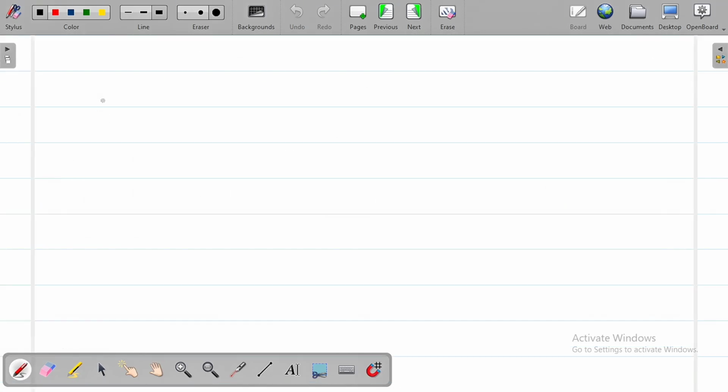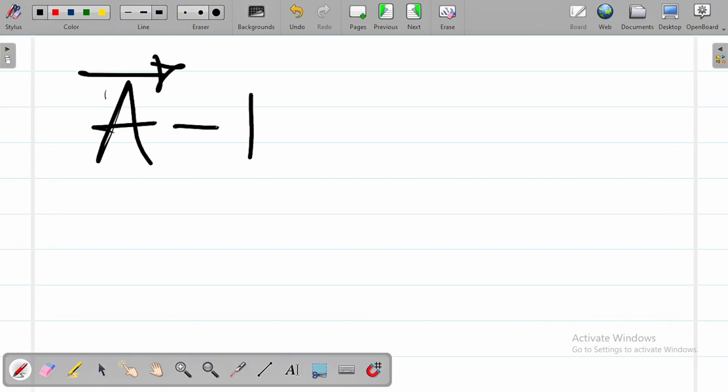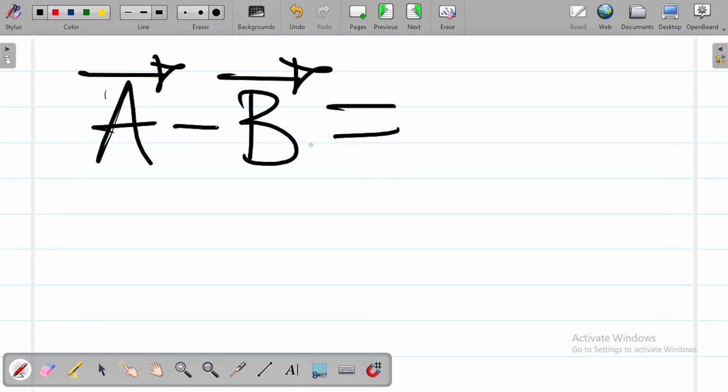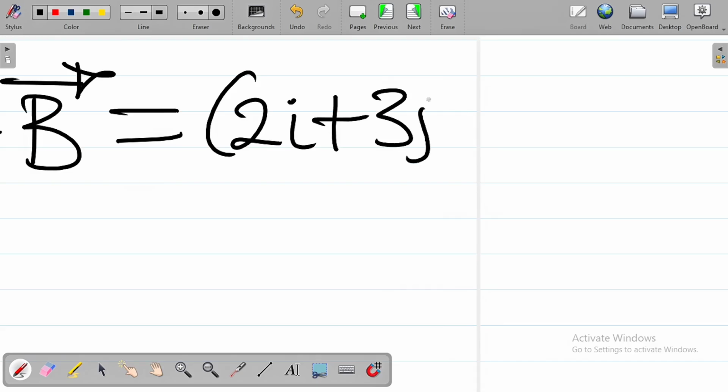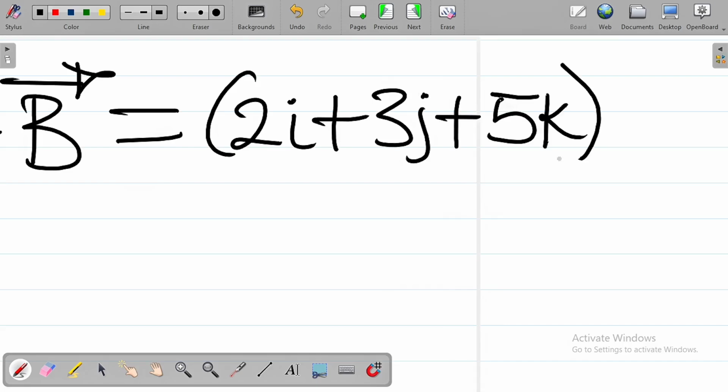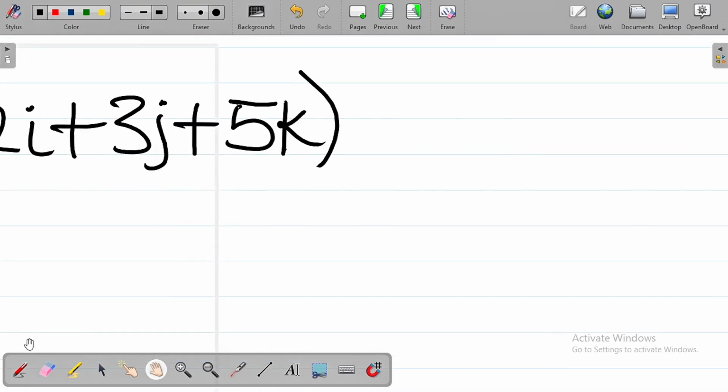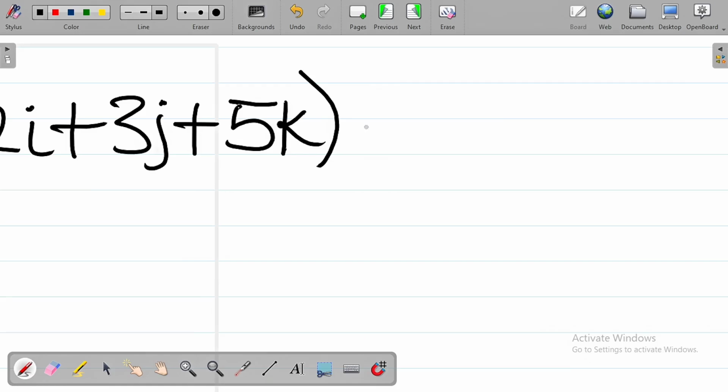All right, let's find vector A minus vector B. So vector A minus vector B is equal to, what's vector A? We have 2i plus 3j plus 5k. So this is vector A. And then minus, what's vector B?